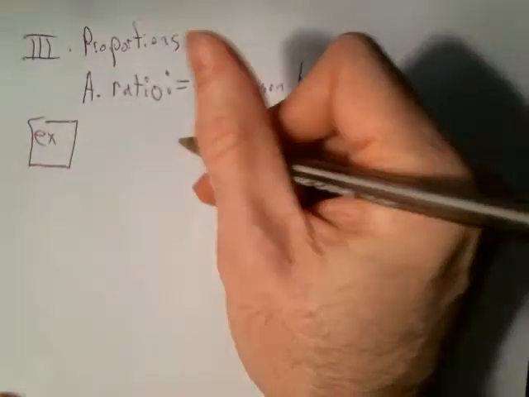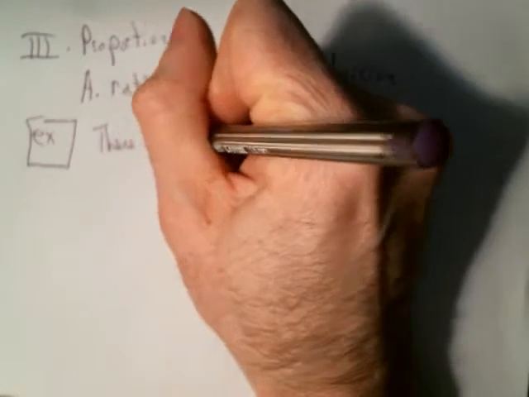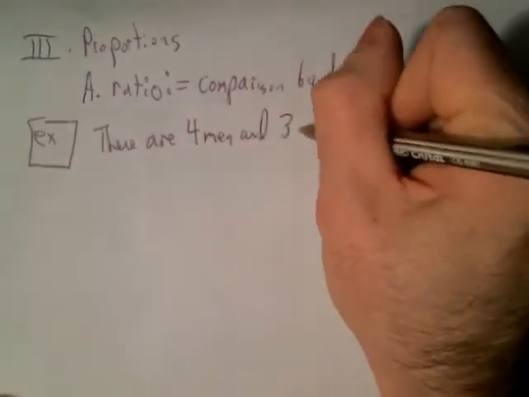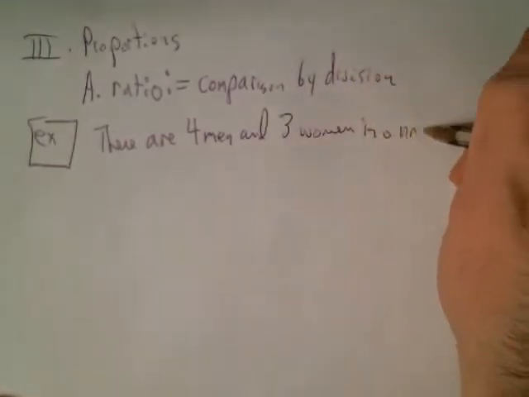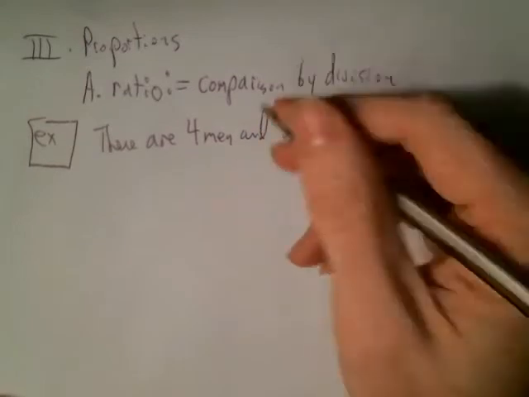So in particular, if there are 4 men and 3 women in our class, then the ratio of men to women will be 4 to 3, or 4/3.